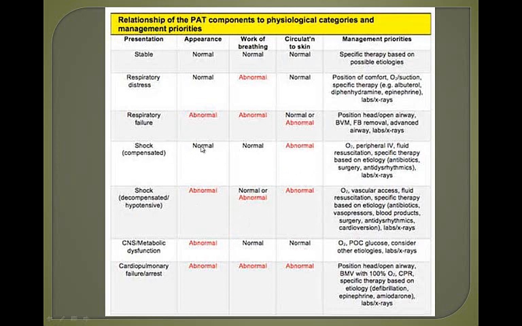Shock that's compensated, you have a normal appearance, or normal work of breathing, and an abnormal circulation to the skin. And a metabolic dysfunction, such as brain injury or a shock failure, you will have an abnormal appearance, but you may still have a normal work of breathing and a normal circulation. And I'm going to provide this along with the vital signs cheat sheet for your use when we go to Morgantown.